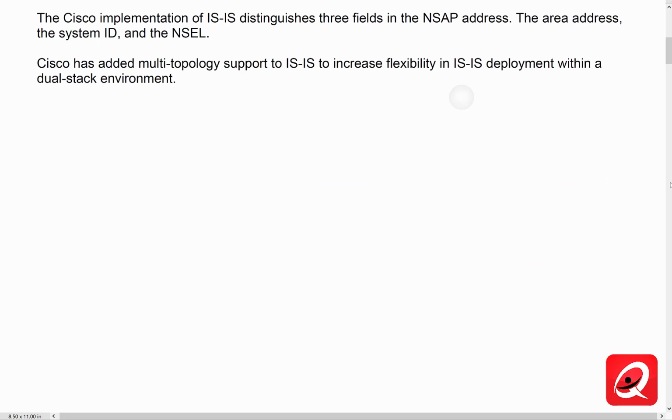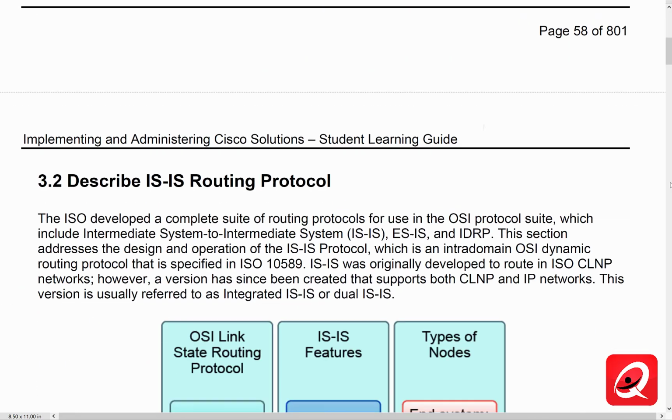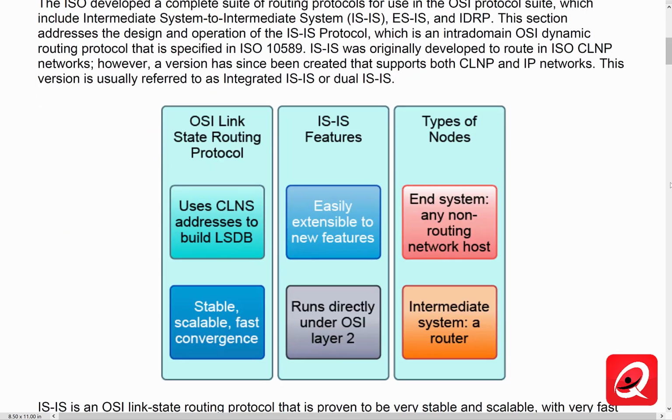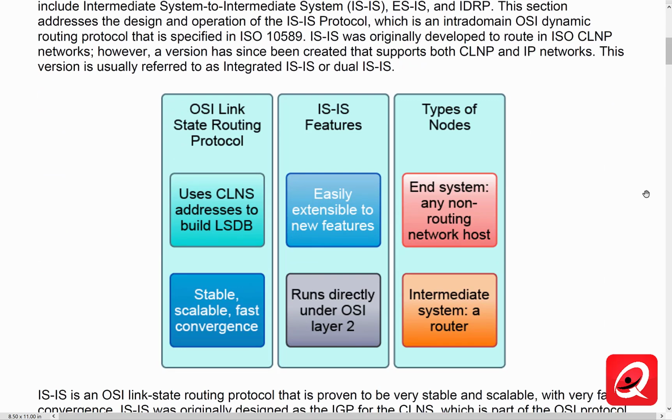All right, so let's go ahead and get started by talking about the routing protocol as a protocol itself. ISIS is an IGP routing protocol, meaning that it is something that we run inside of our enterprise. It is a link state routing protocol, so it does have a lot of similarities to OSPF. We do form adjacencies as an ISIS router.